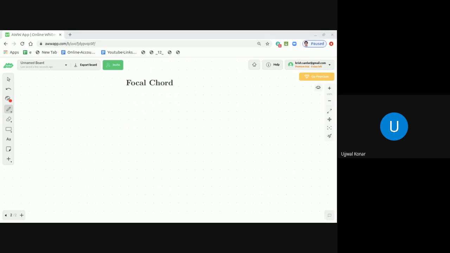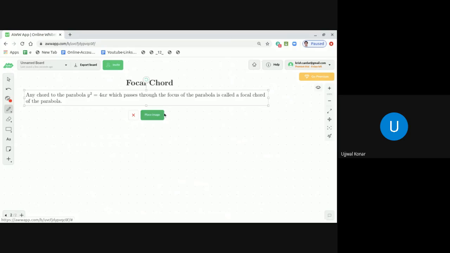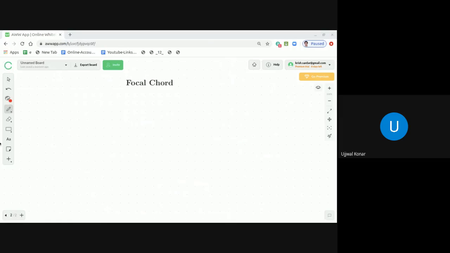Let me first define what is meant by a focal chord. As you see, any chord to the parabola y square equal to 4ax which passes through the focus is called a focal chord. Now let us take that particular diagram, so let me show you the diagram first, dear students.